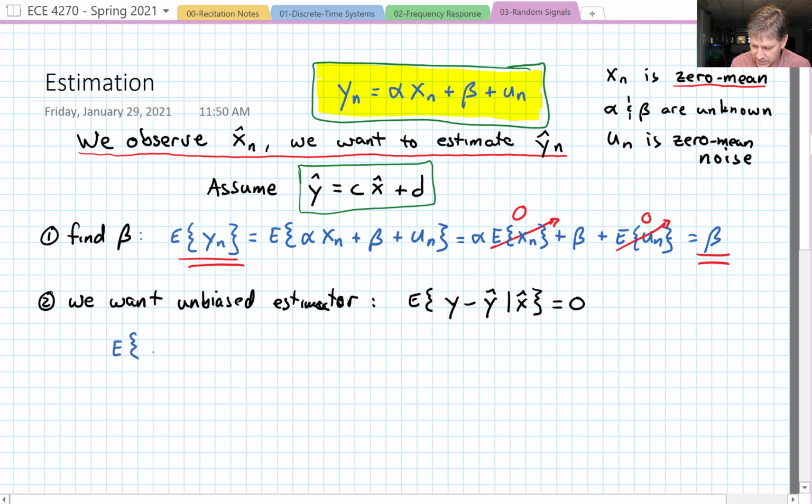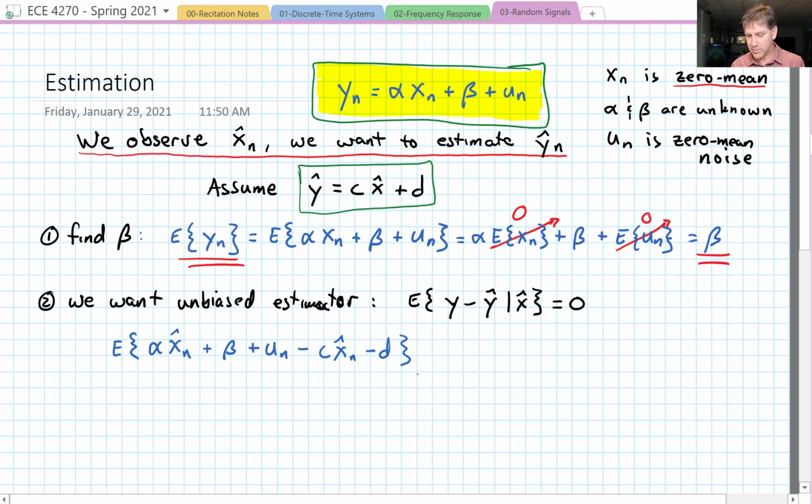So let's run through that. The expected value of y is going to be alpha x of n, and this is given x hat, so we've got our x hat in there, plus beta plus u of n, minus c x hat of n, minus d.